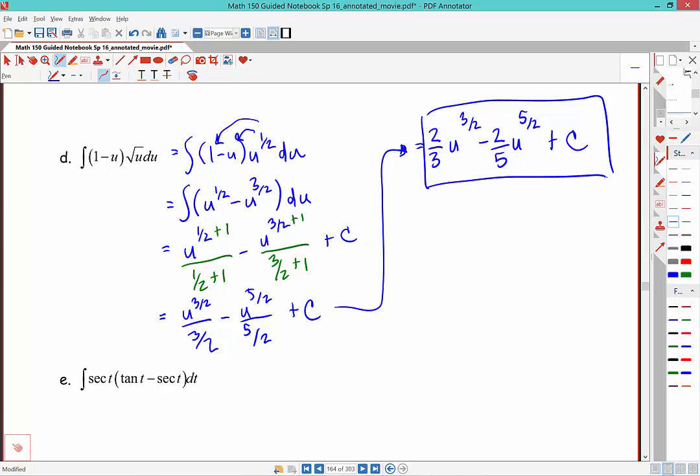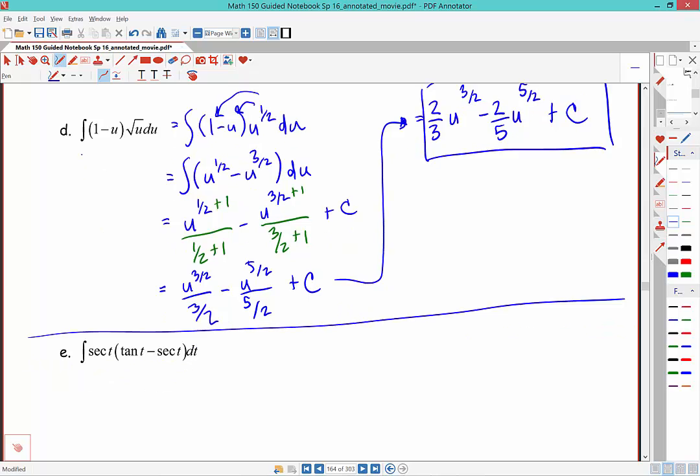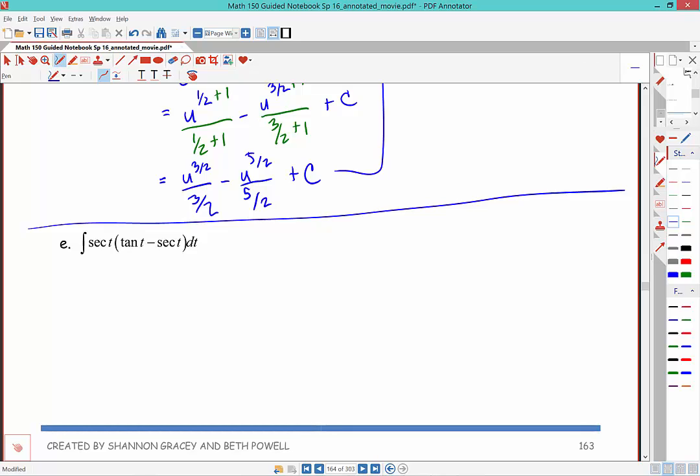All right. So next up, we now have this integral here. So again, we're going to have to multiply, right? Because we have no rule for the integral of the product of two functions. So this will be equivalent to the integral of secant t times tangent t minus secant squared t with respect to t.